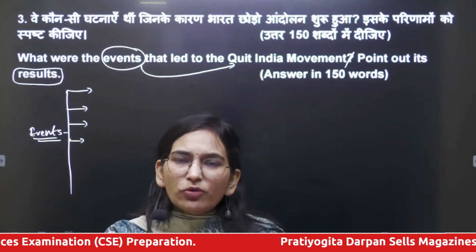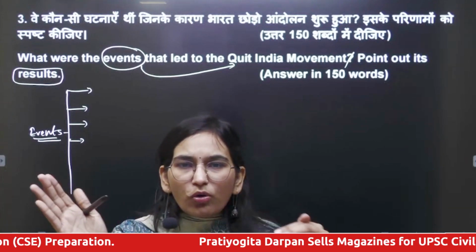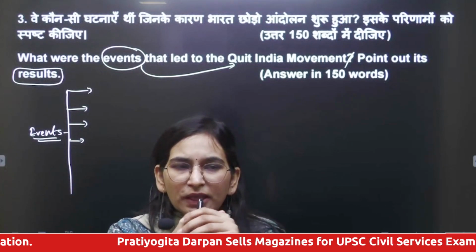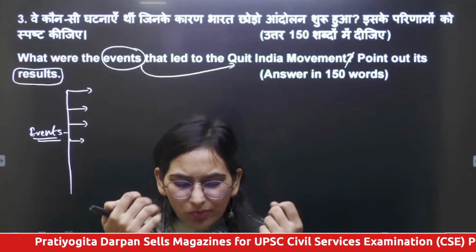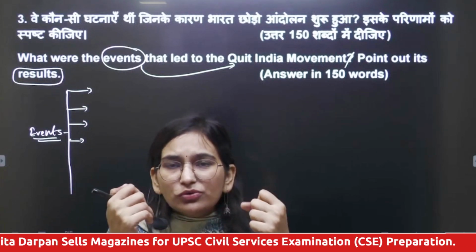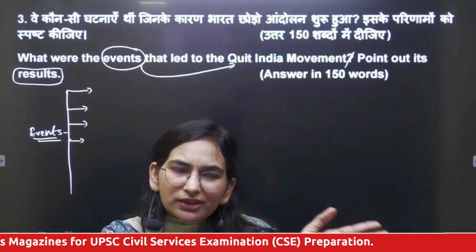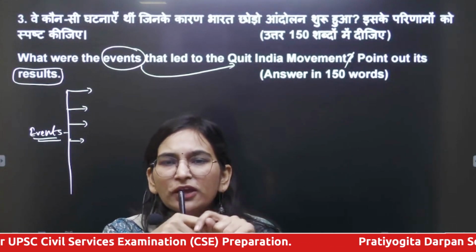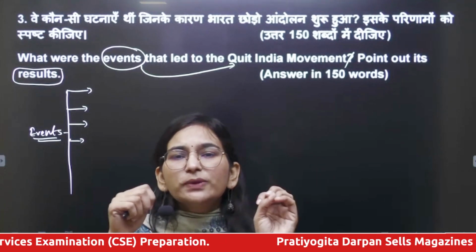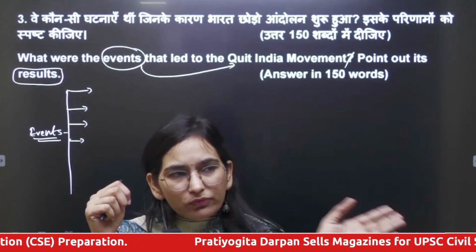But these moments are the culmination of a lot of activities. It is not that if the Quit India movement starts in 1942, the impact comes from 1941 only. No, the impacts would be culminating from a long way back.